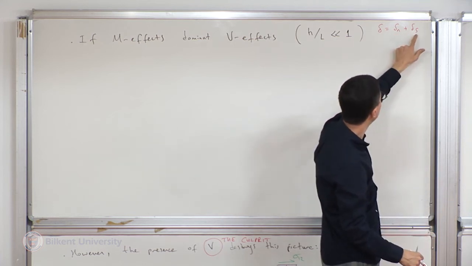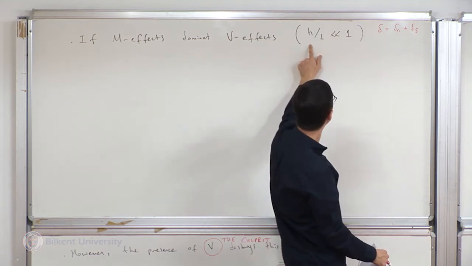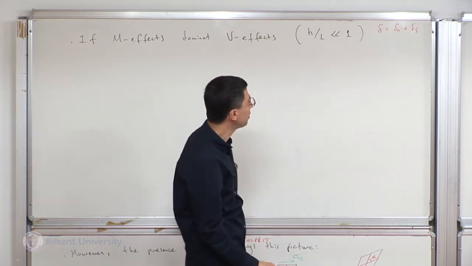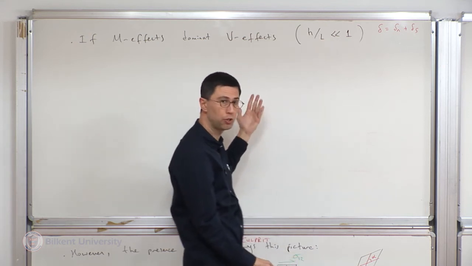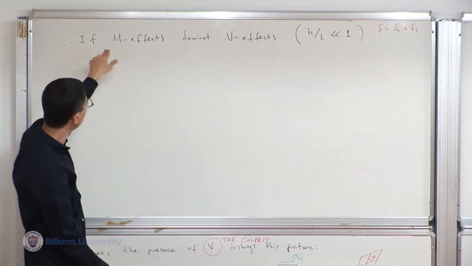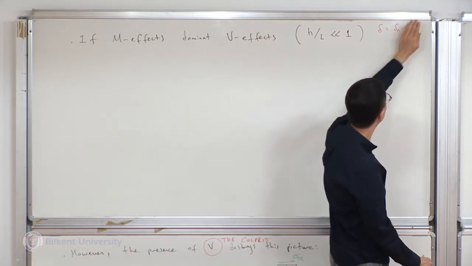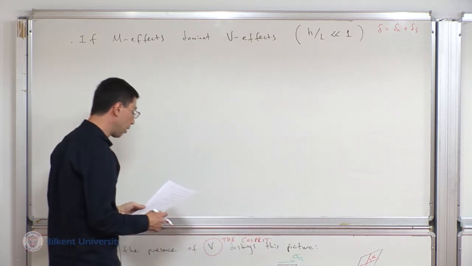But I told you that the second part diminishes and rapidly goes to zero as the H over L ratio decreases. It turns out that the second part that diminishes under this condition is due to the shear force. So in that case, the bending moment effects dominate V effects. In other words, delta is approximately equal to delta N. Again, we're going to see that more clearly shortly.